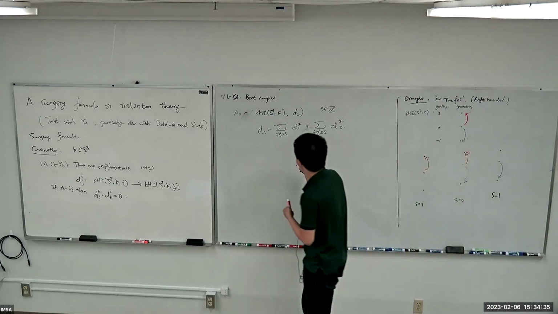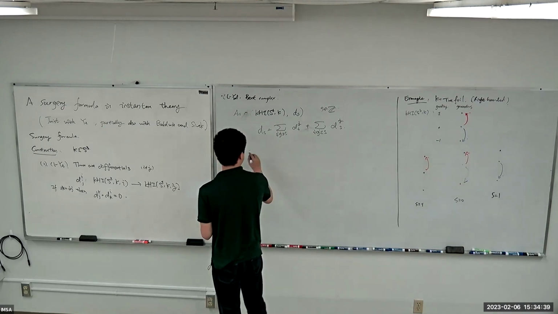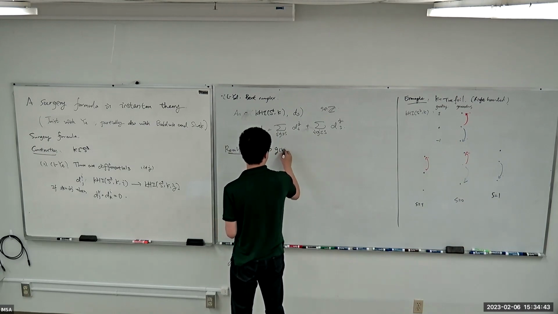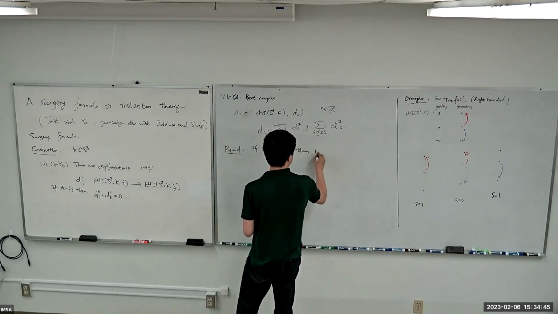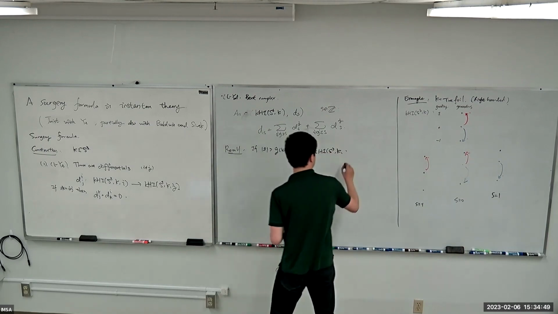So let me write it down. Recall that if this S is larger than the genus of K, then the graded part will just be 0.